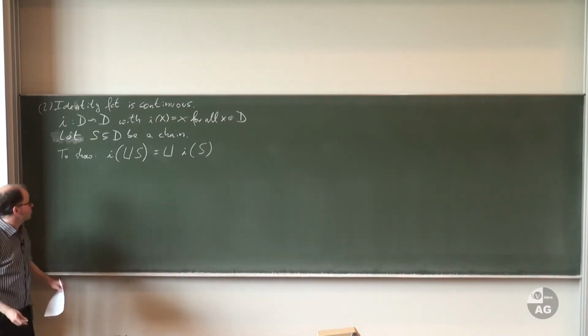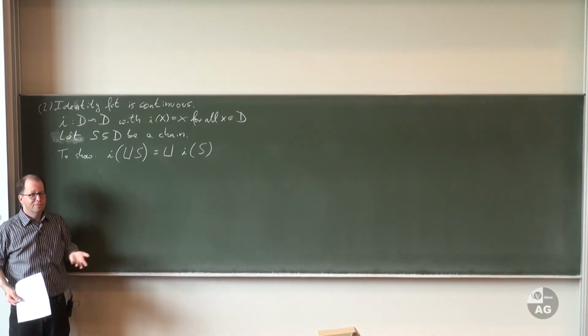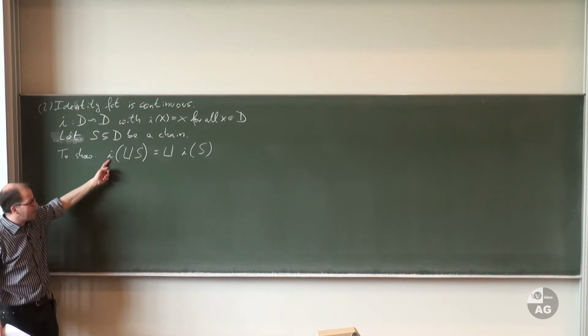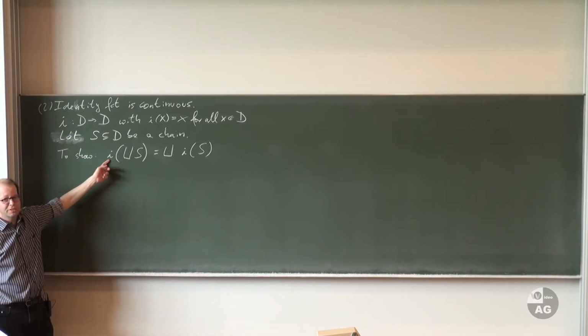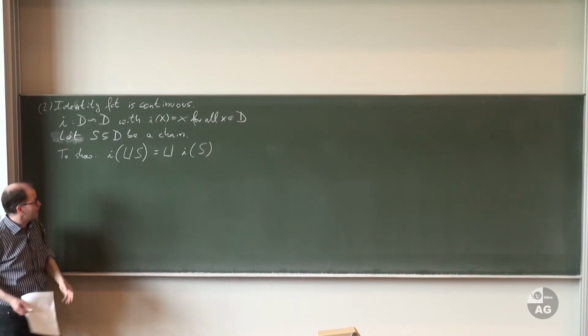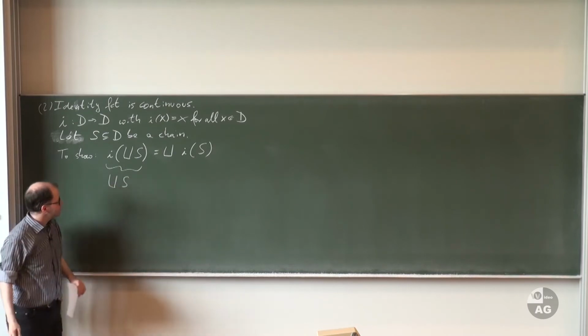Now, why is this true? The least upper bound of S is some element, some object. I don't know how it looks, but it is some object. If I apply I to it, what will be the result? It's just the identity, so this will be the least upper bound of S.